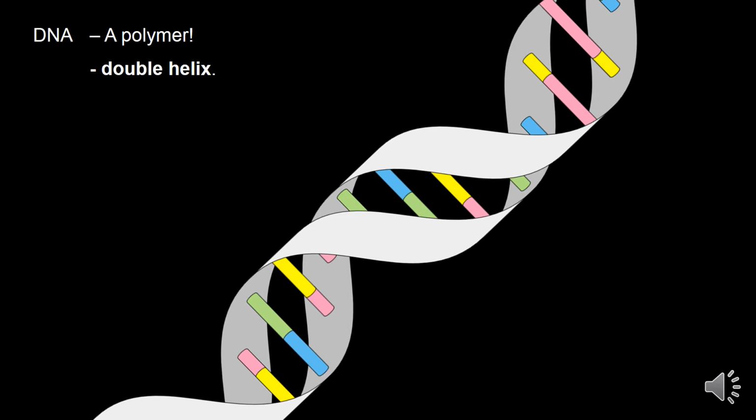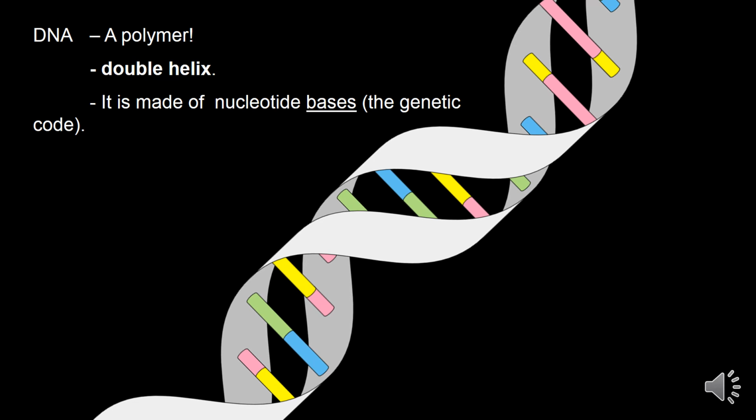But what's important about it are the coloured bars that you can see in this picture. They are representing something that we call nucleotide bases. I'm going to deal more on those with another presentation, but for the moment please understand that this is the genetic code.